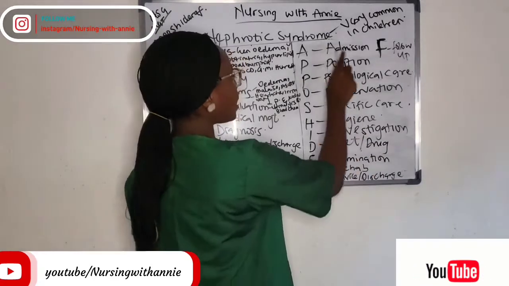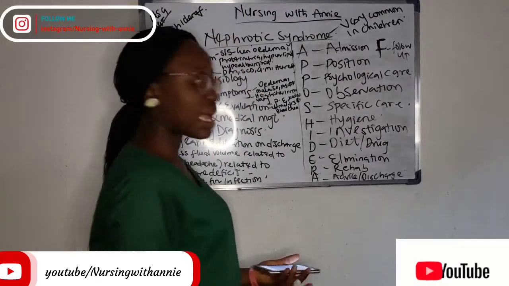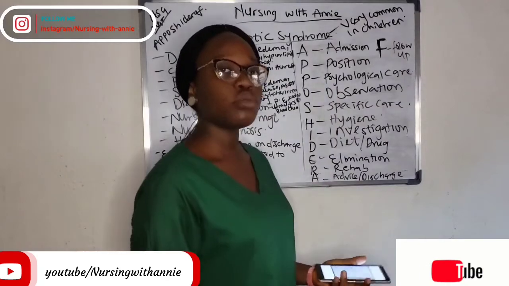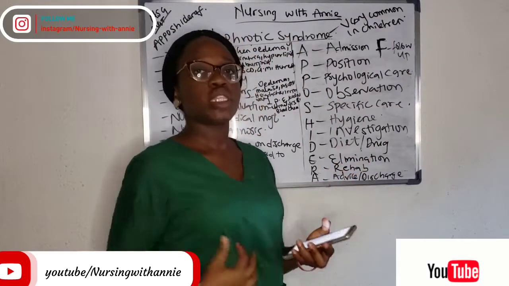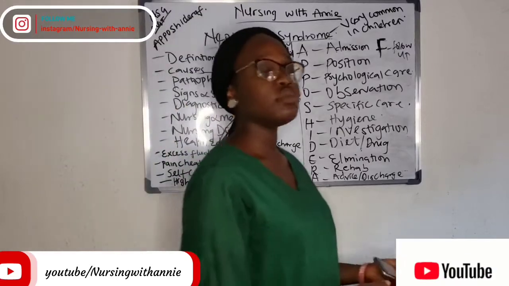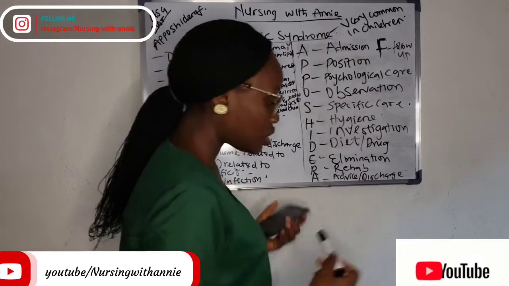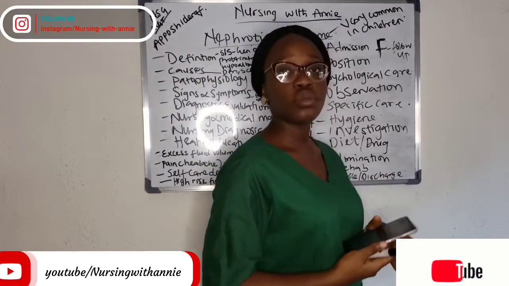Now, when it comes to admission, you as a nurse know what to do. You have to admit this patient when the patient comes to the ward, welcome the patient, introduce yourself to the patient, and tell the patient your name to make the patient feel comfortable. Introduce yourself to the patient's relatives, because this is a child and will be coming with the parents.